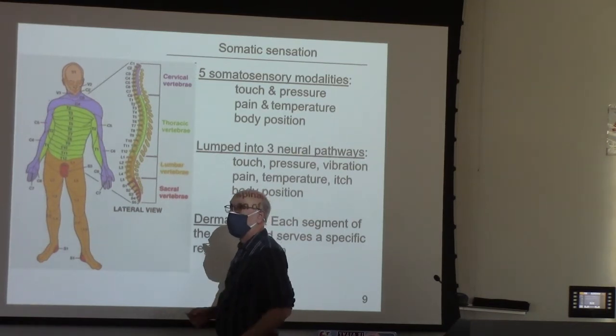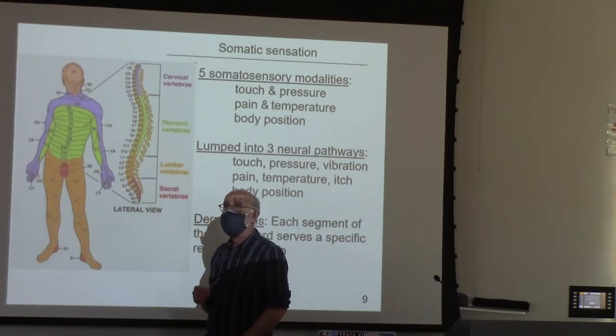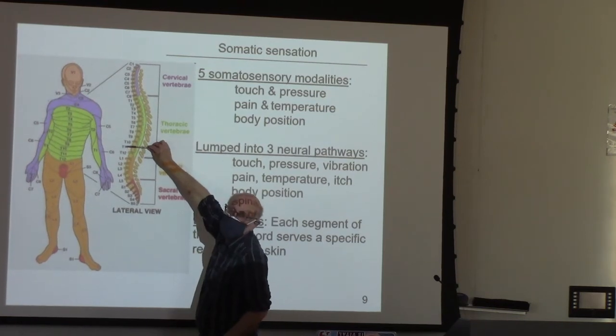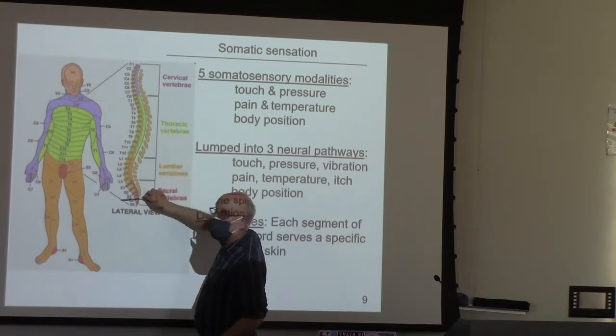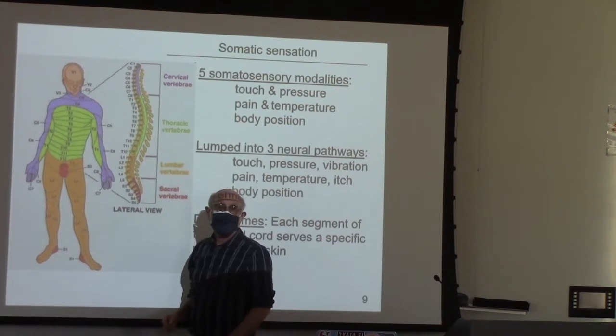Now remember, in the problem set I give you a problem related to spinal cord injury. If we have a spinal cord injury here, it's going to disrupt information getting to the brain from below that area. But information from above that area is not going to be disrupted.